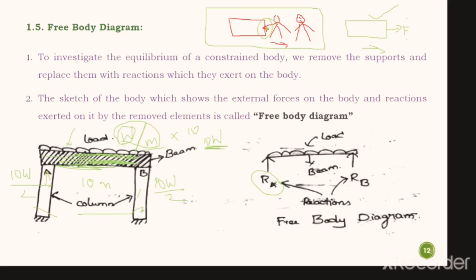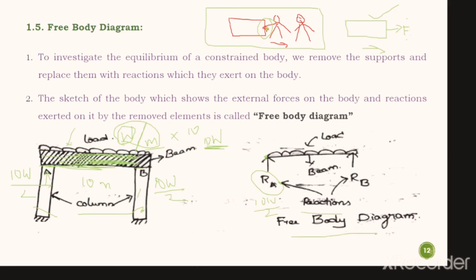Reaction is represented with R. So this reaction RA is the reaction applied by column A on this beam at this particular end, and B here. Okay, so what is the value of RA? 10W/2. Okay, you will understand further in slides and classes, so don't worry about simple things.